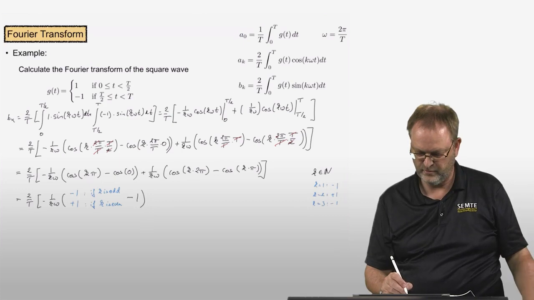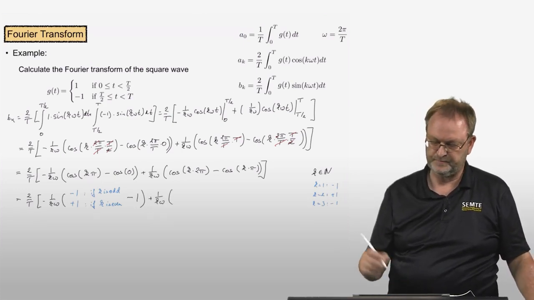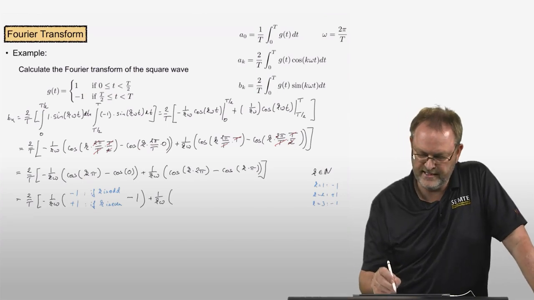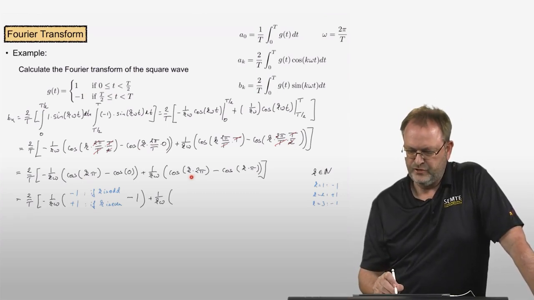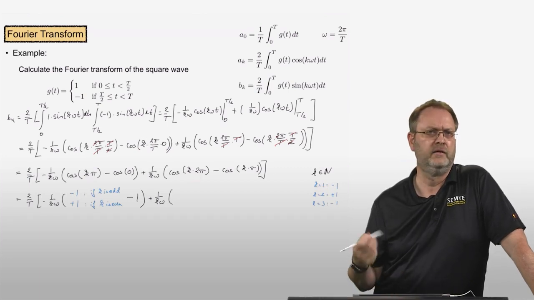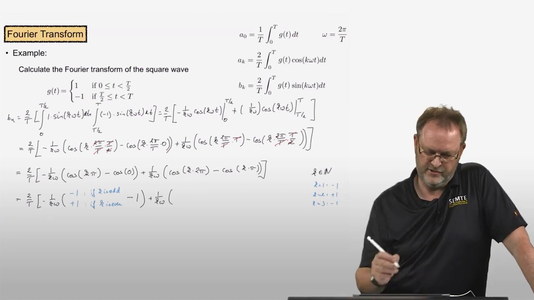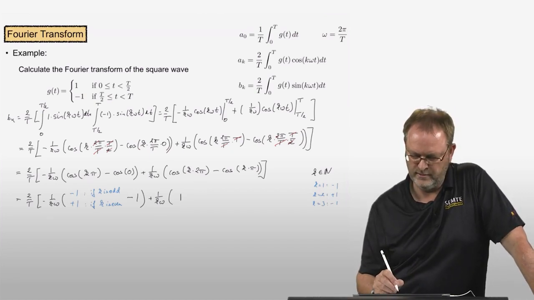Okay? And then we have plus 1 over k omega times the cosine of k times 2 pi. So if k is 1, the cosine of 2 pi is plus 1. If k is 2, the cosine of 4 pi is 1, and so on. So this is always 1.